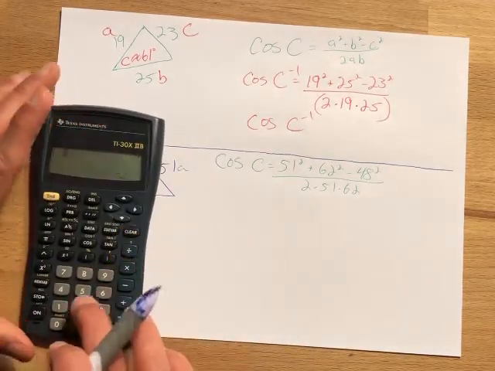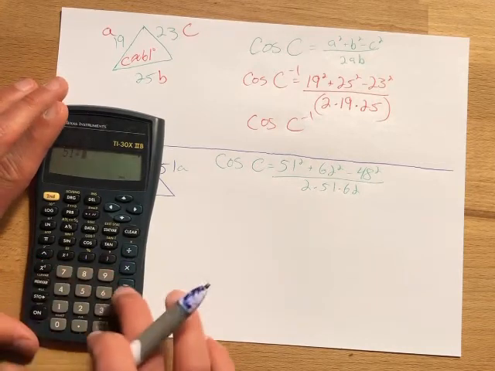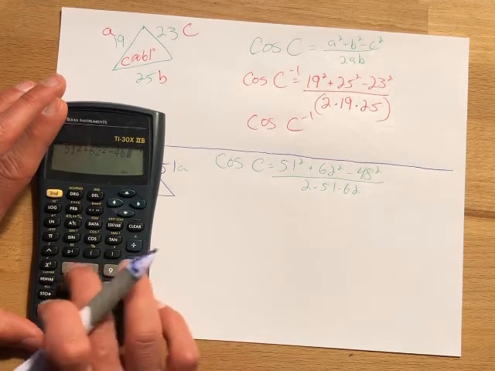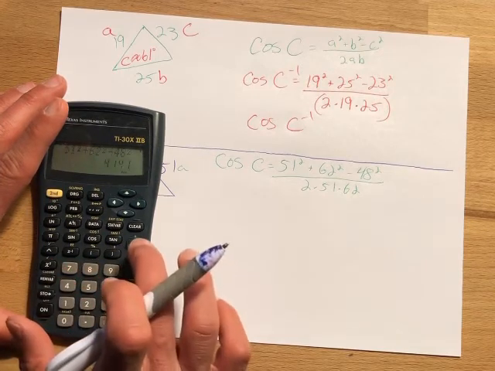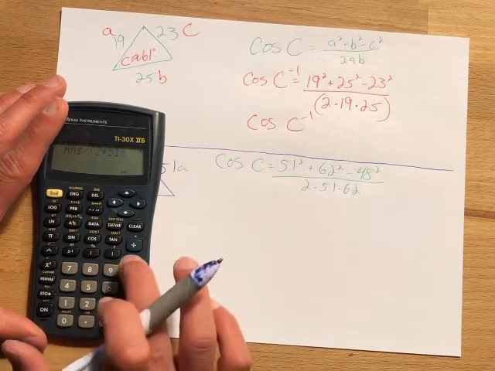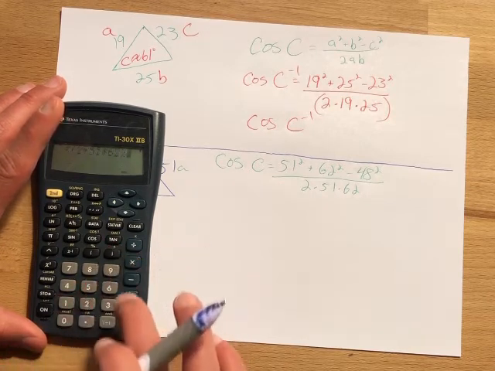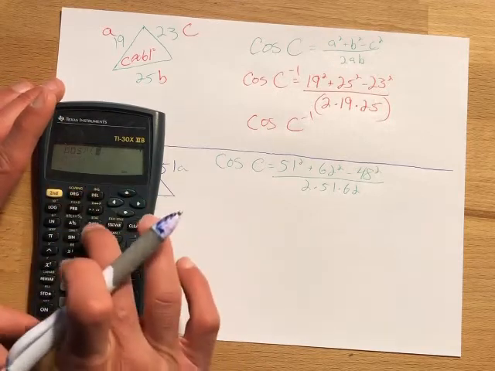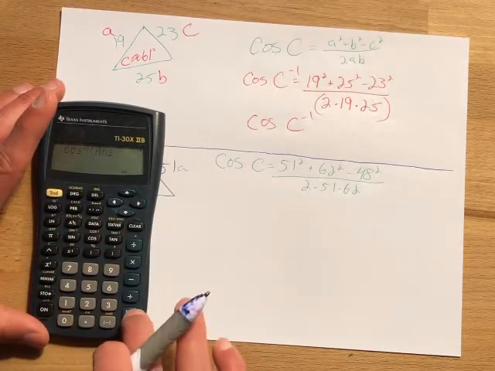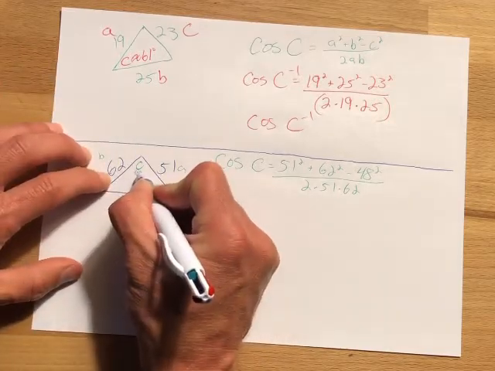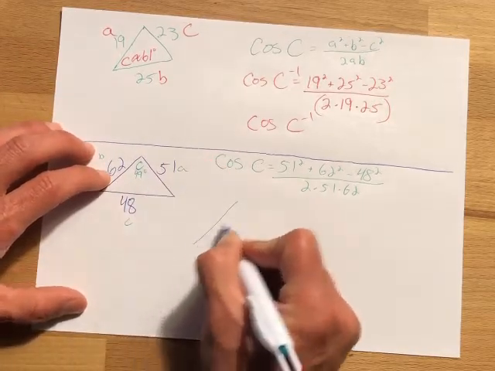So let's plug this into my calculator. 51 squared plus 62 squared minus 48 squared, press equals, divided by parenthesis 2 times 51 times 62, close the parenthesis, and then I'm going to get a decimal, but I'm going to inverse cosine that answer, and I'm going to have approximately 49 degrees. This is 49 degrees.